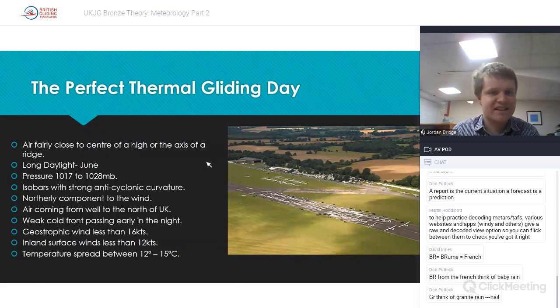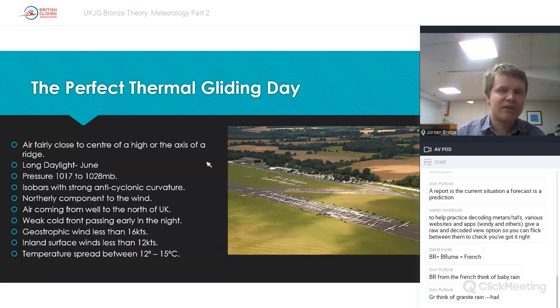Isobars with a strong anticyclonic curvature, again not bringing in fronts or any excess moisture. We do want a somewhat northerly component to the wind in the UK, at least in the south, because generally it's a slightly drier air mass if it's coming from the north, but it's also just unstable enough to cause thermals, but not so unstable like a southwesterly where we might end up getting more showers.